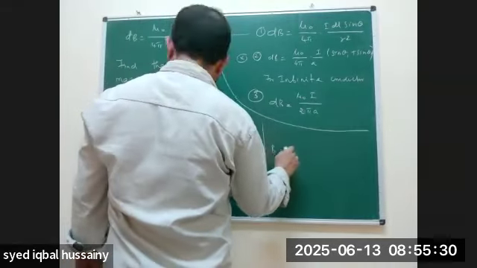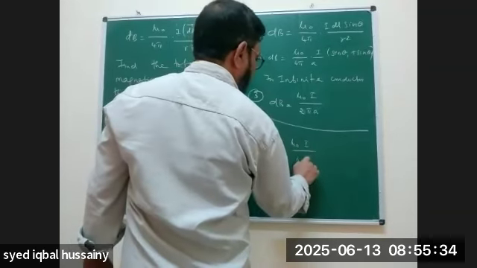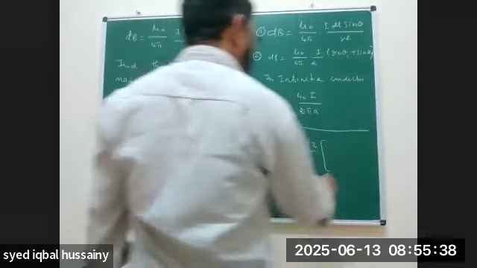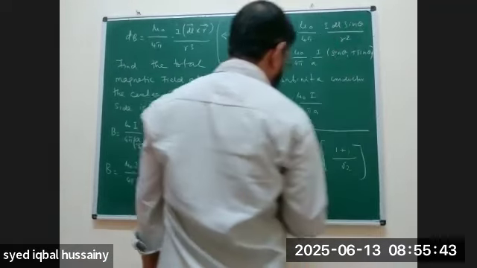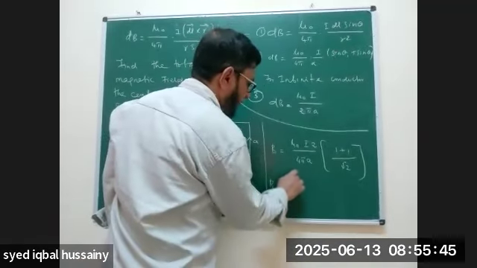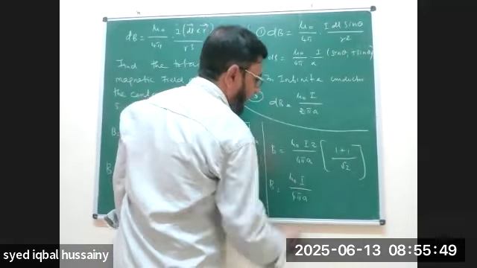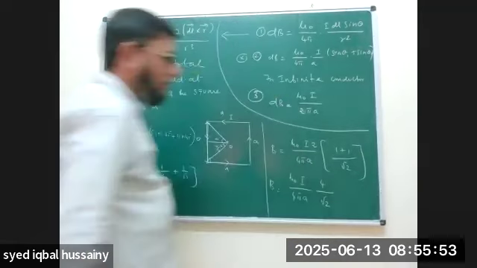B will be equal to mu naught I divided by 4 pi a, into 1 plus 1, which is 2 by root 2. B will be equal to mu naught I by 4 pi a into 4 by root 2. Up to this, is it correct or wrong?